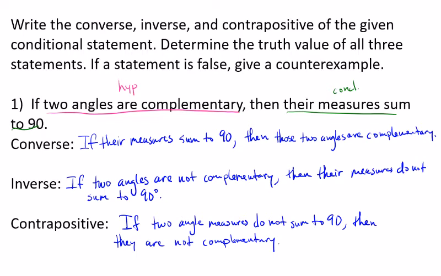Okay. All right. So let's try this out. So the truth value of the original, if two angles are complementary, then their measures sum to 90. That's true, right? By definition, complementary angles have a sum of 90. Okay. Converse, if their measures sum to 90, then those two angles are complementary.